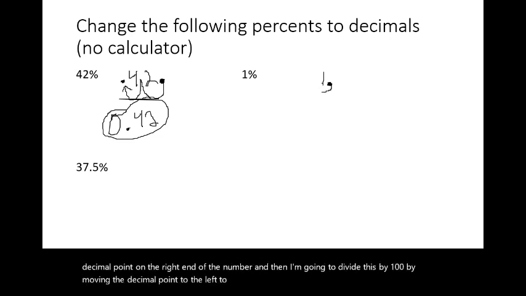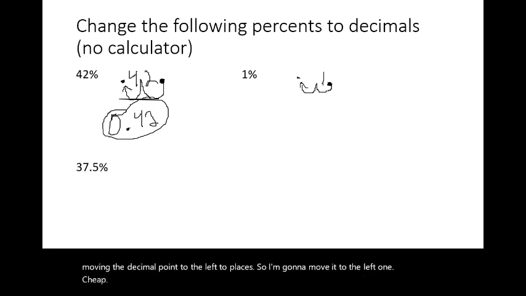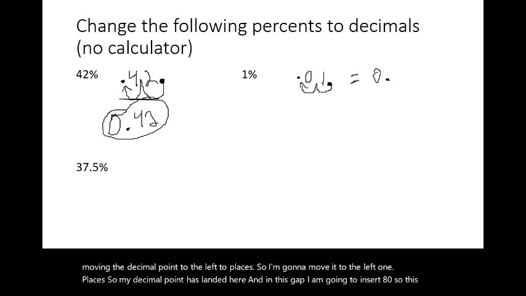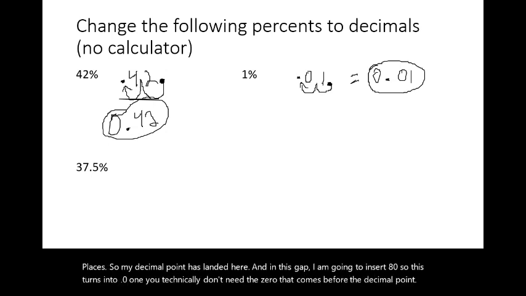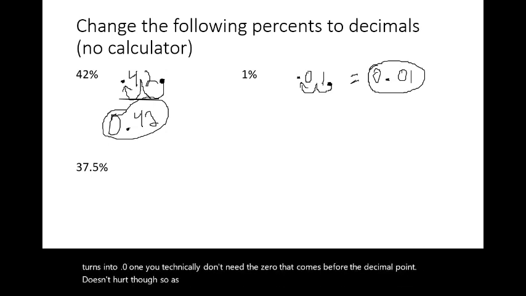So my decimal point has landed here, and in this gap I am going to insert a 0. So this turns into 0.01. You technically don't need the 0 that comes before the decimal point. Doesn't hurt though. So as a decimal, 1% is 0.01.